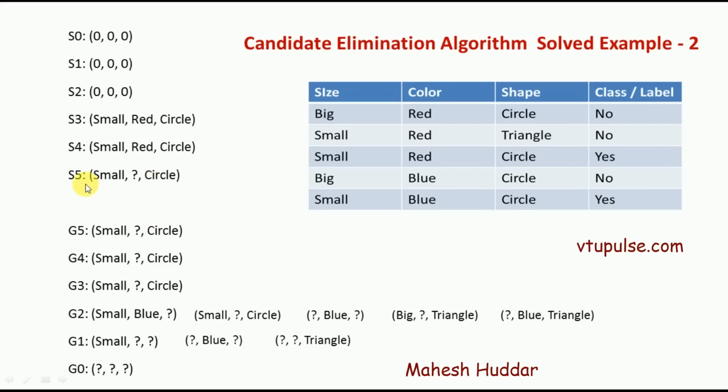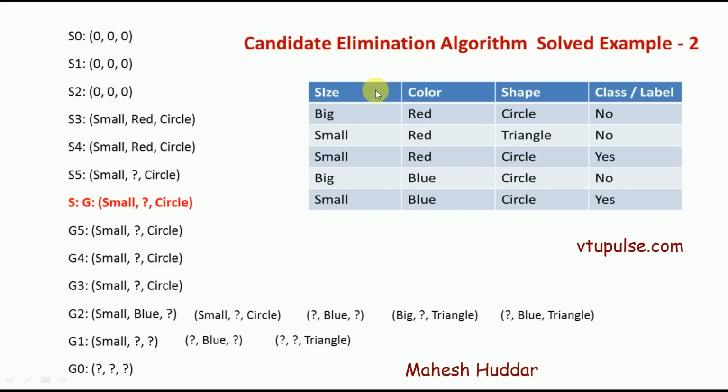So we can say that S, the specific boundary, and G, the generic boundary, both of them are set to small, question mark, and circle. Because both of them are pointing at the same hypothesis, we can say that this data set is perfectly learned with the help of the candidate elimination algorithm in this case.